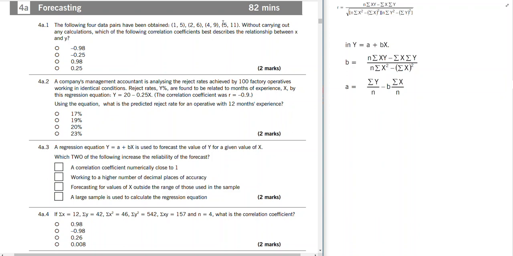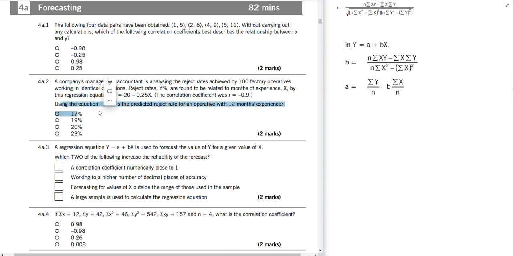But we can see that with a change in X, we have a change in Y. So if I wanted to do an educated guess, I would select C. If I wasn't sure, I would just do calculations.